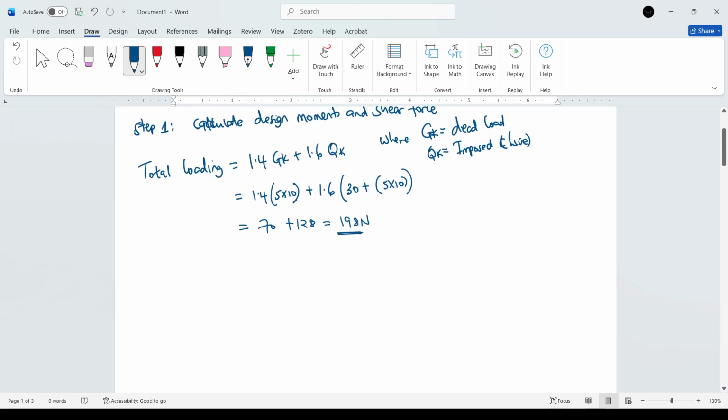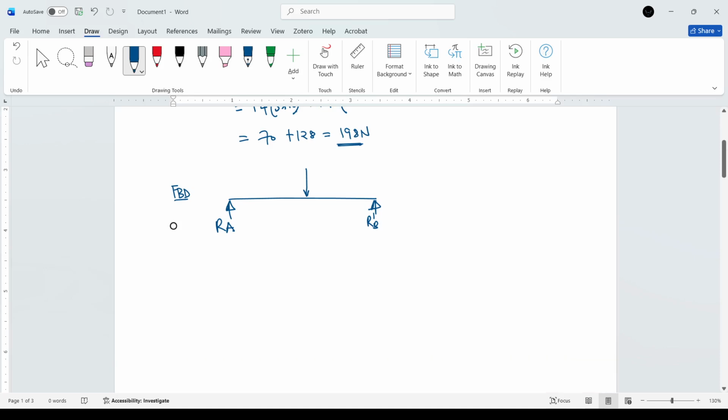So if we were to draw a free body diagram, we'll have a reaction at A, reaction at B, and then we will have 198 kilonewtons. Is it kilonewtons or newtons? Kilonewtons acting at the center.